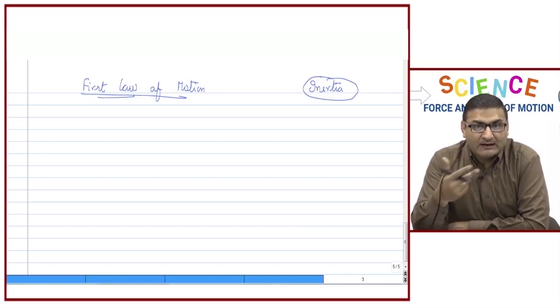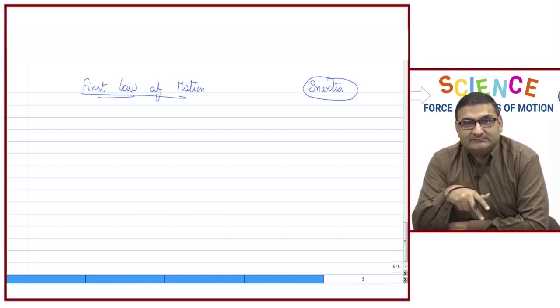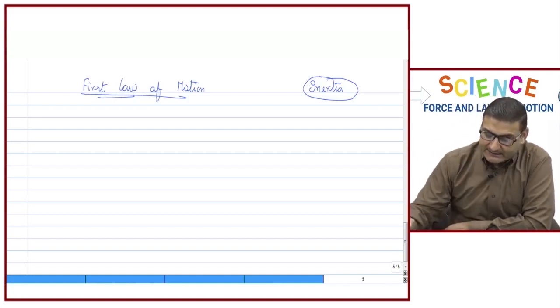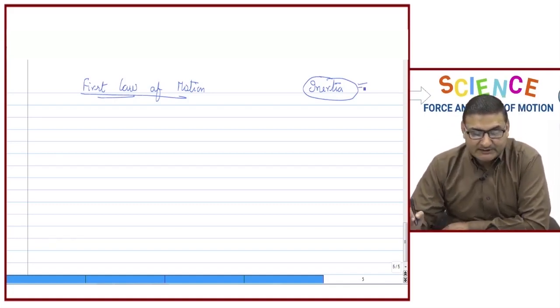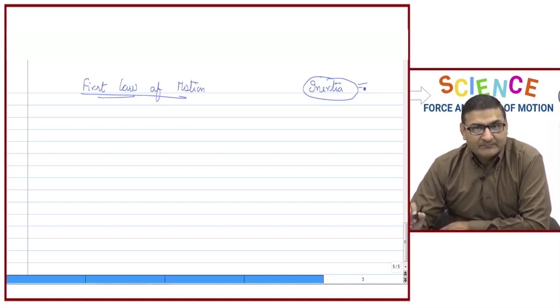Fine. But why is it that it doesn't remain in motion? We have studied in the previous topic that it is because of frictional force. So inertia is the tendency of an undisturbed object to be at a state of rest or to keep moving with the same velocity with which it was initially moving.